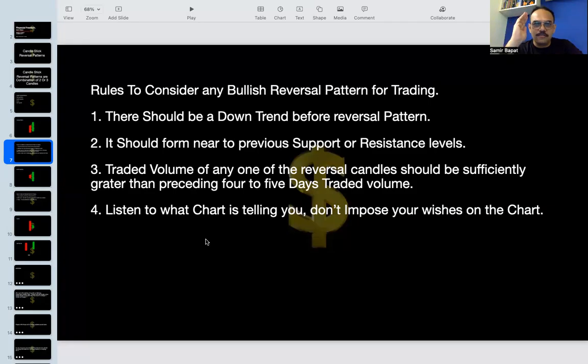No, the chart will always tell you the truth. Listen to the chart. Don't impose your wishes. Don't say, I want this price to go up, so this reversal pattern has happened, so I'll take the trade. No, listen to the chart carefully. I'll share, you can note down the patterns and then we'll go straight to the practicals.